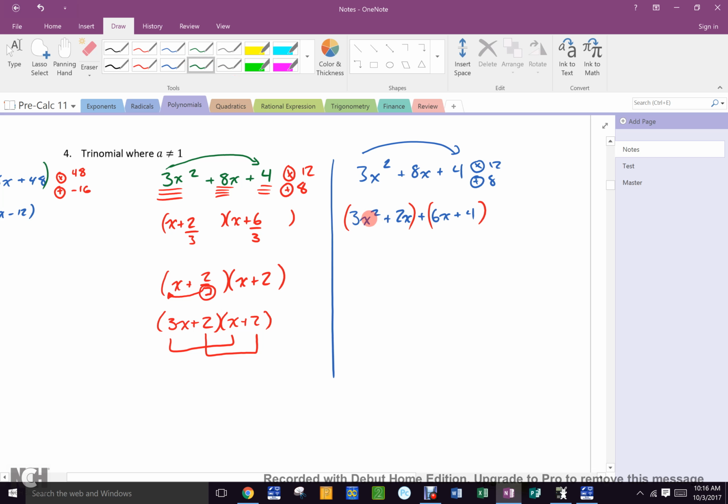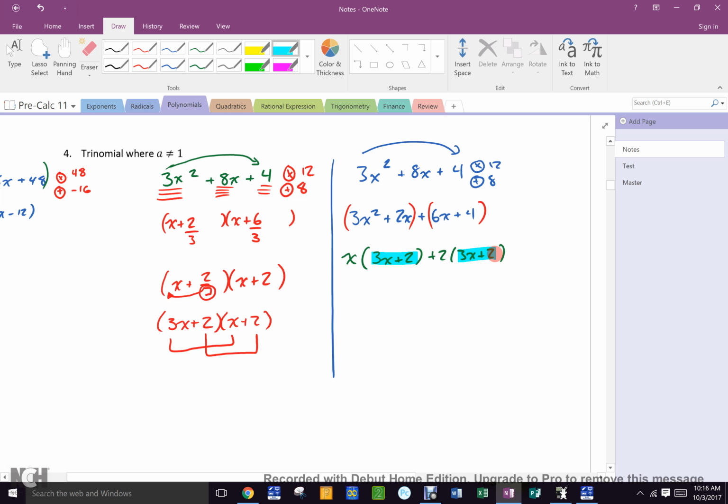Can I do a GCF here? X, right? So I'm going to take out an x. And what does that leave in there? 3x plus 2, yes? Can I do a GCF here? What is it? 2. Plus 2, 3x plus 2. Now what do you notice about that and that? They're the same.